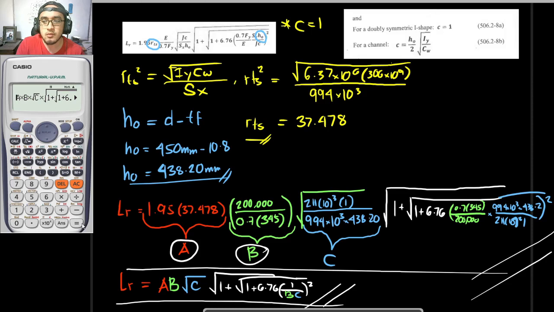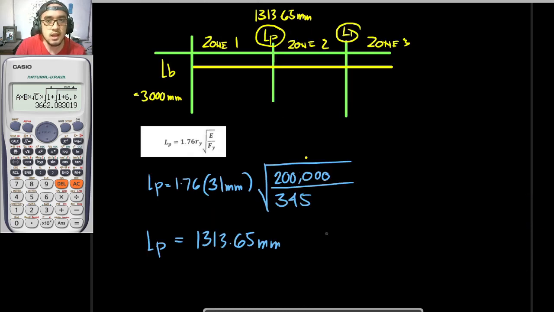Okay, after that, I would be pressing equal sign, and my answer here, LR, would now be equal to 3662.08 millimeters. Using this answer, I would now be concluding that my LR is 3662.08 mm.